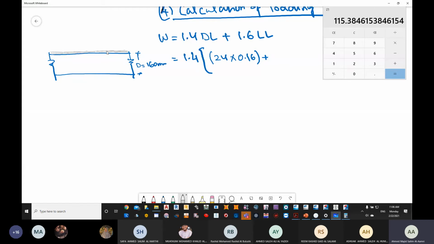They told us that this is going to be 13 mm mortar, and at the top of the mortar we are having our tiles. So once again we have the slab of 160 mm.